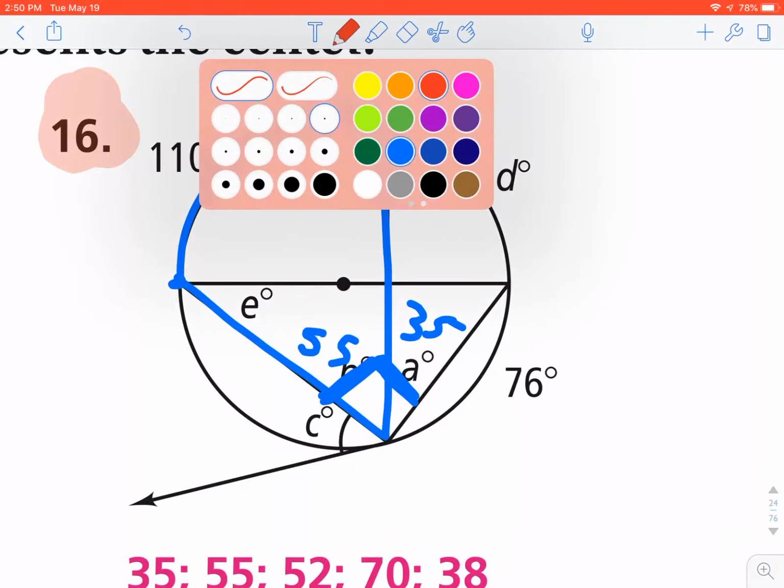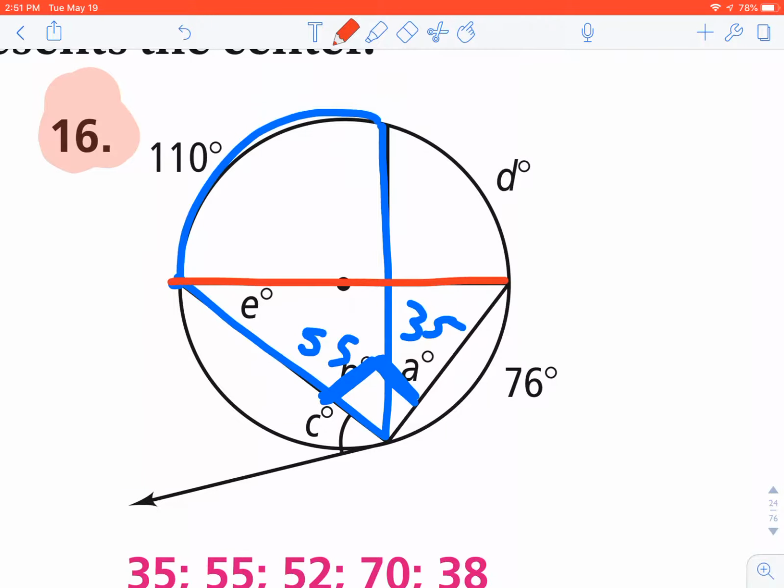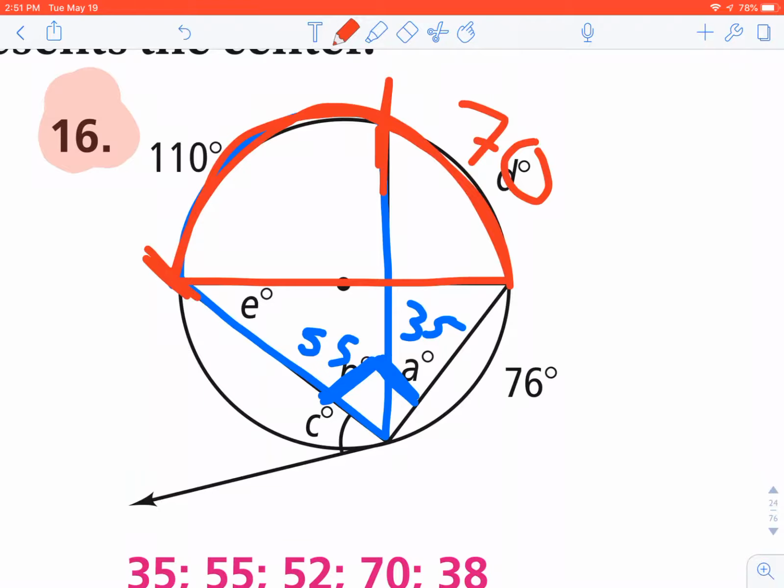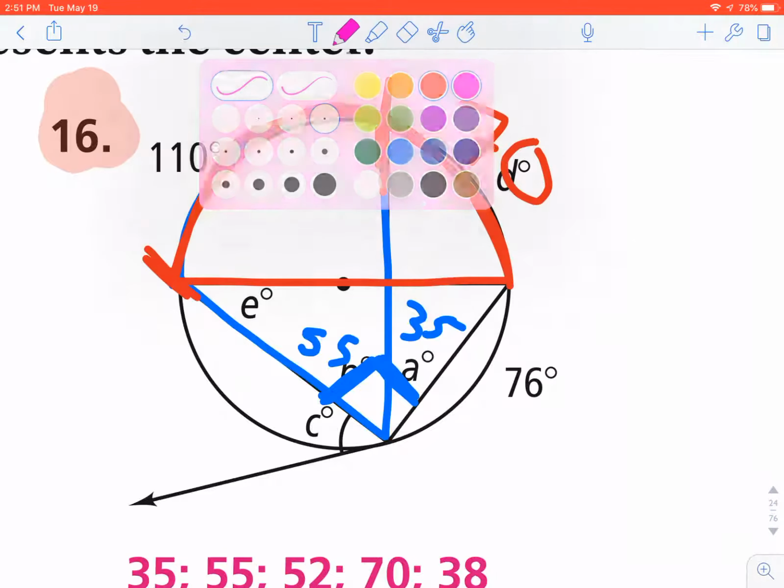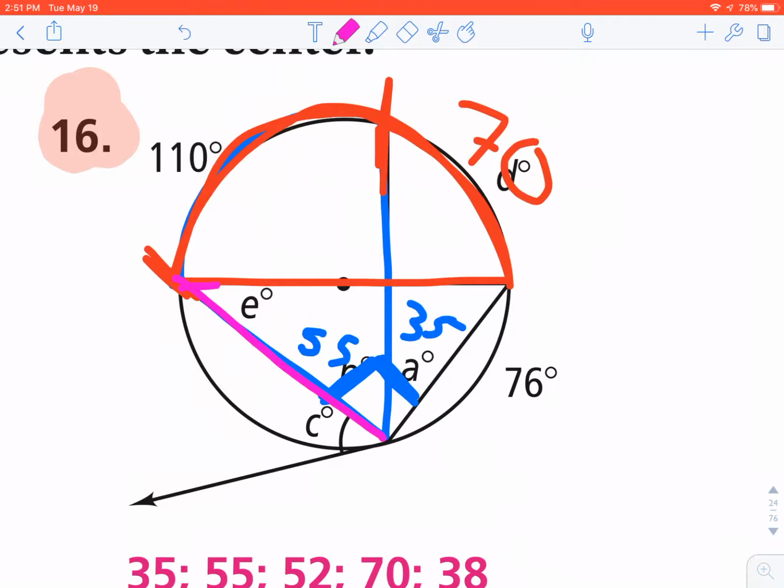Even easier. Again, I've got a semicircle here. So if this whole thing is 180, from here to here is 110. That tells me D is 70. And then I can find angle E no problem because angle E is creating this arc here, which is 76 degrees.